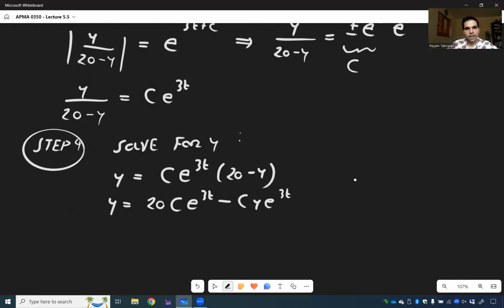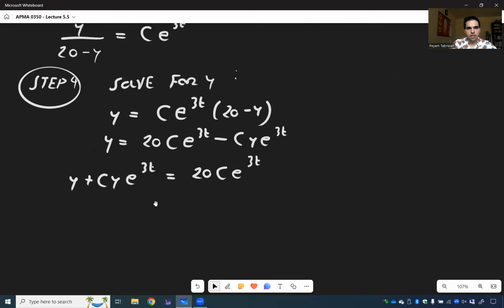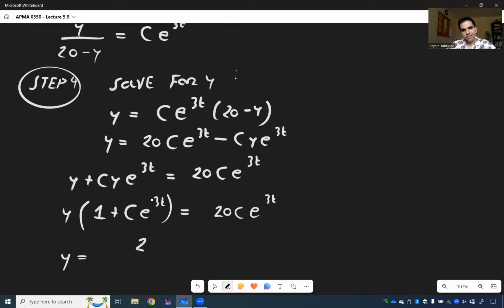Let's put all the y's on one side. y plus cy e to the 3t is 20c e to the 3t. And then we get y times 1 plus c e to the 3t equals 20c e to the 3t. And then we get y is 20c e to the 3t over 1 plus c e to the 3t.